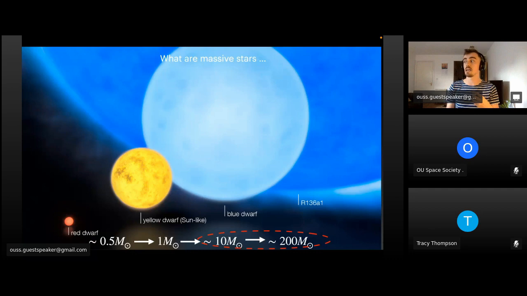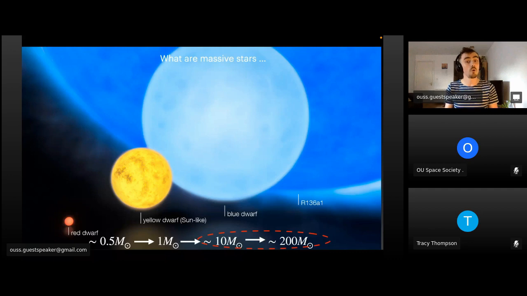And these produce a plethora of observables that we can see with telescopes on the ground, as well as space telescopes. We're going to talk about one of those very important ones, which is the Hubble Space Telescope.